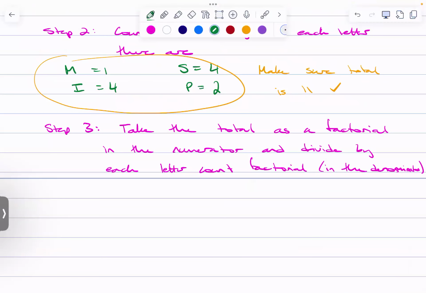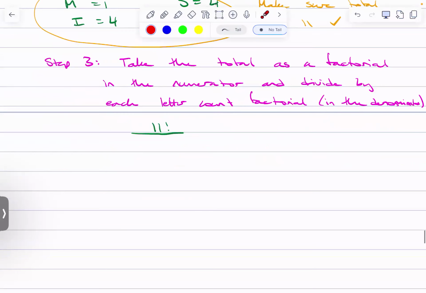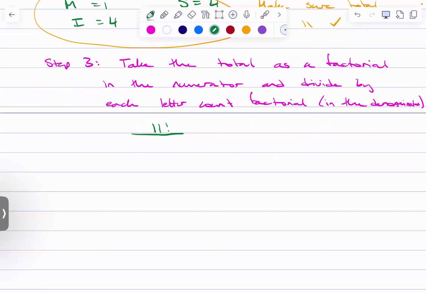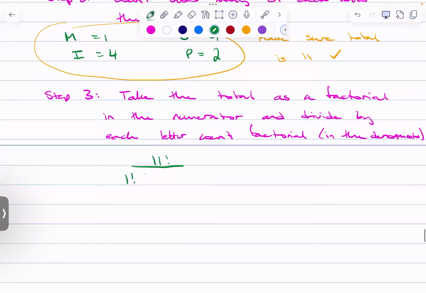So what that's going to look like is 11 factorial divided by 1 factorial times 4 factorial times 4 factorial times 2 factorial.